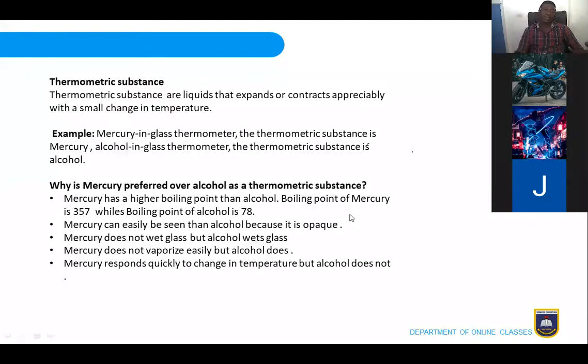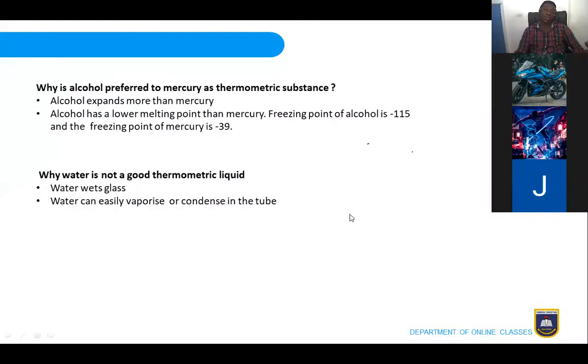And I said someone can also prefer to use alcohol as his or her thermometric substance. Alcohol has some advantages as compared to mercury. The first one over there, alcohol expands more than mercury.